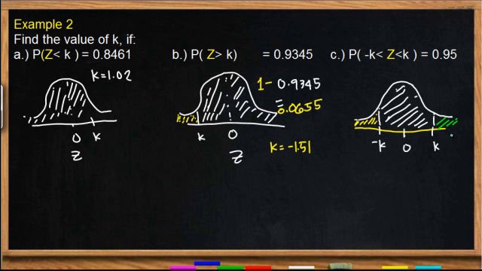And kay symmetric man ni siya, negative k diha, meaning kaning left ug kaning right pareha ra ni sila og area, pareha.